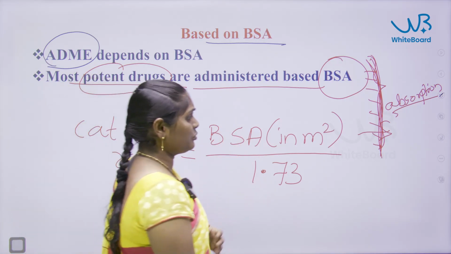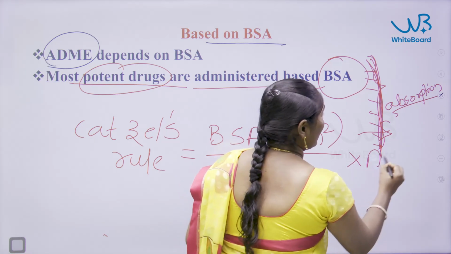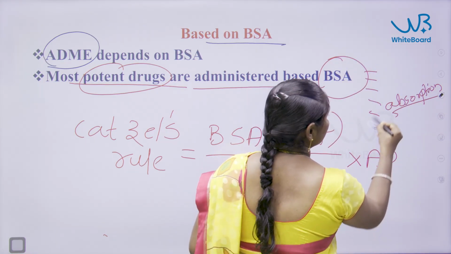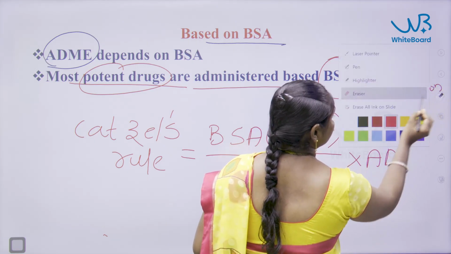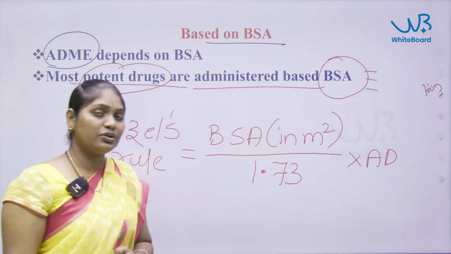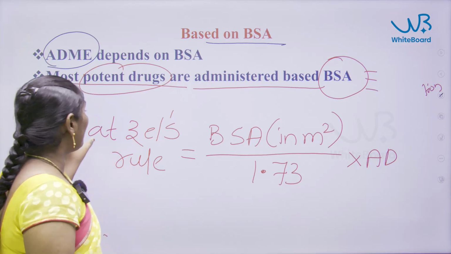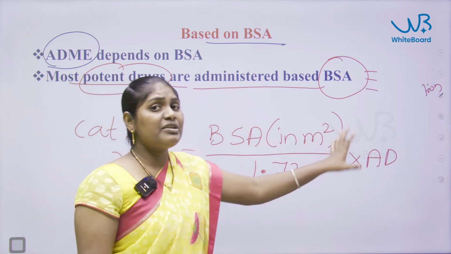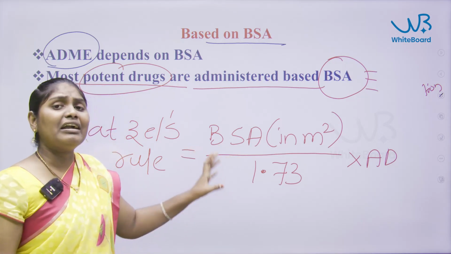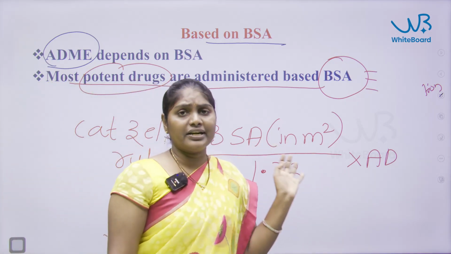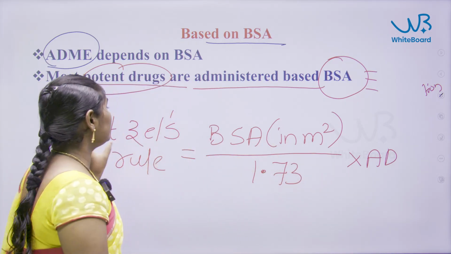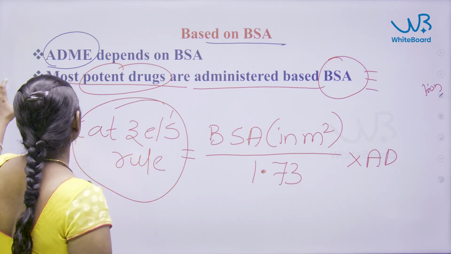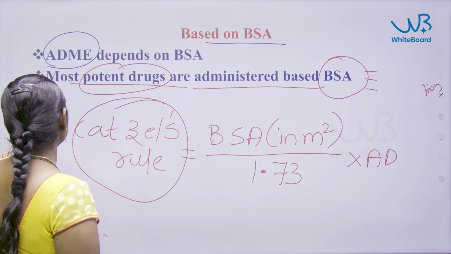So Katz's rule is nothing but body surface area in meter square by 1.73 into adult dose. This is called Katz's rule.